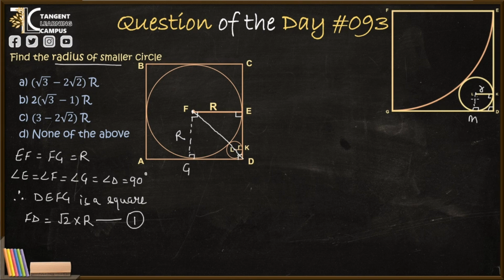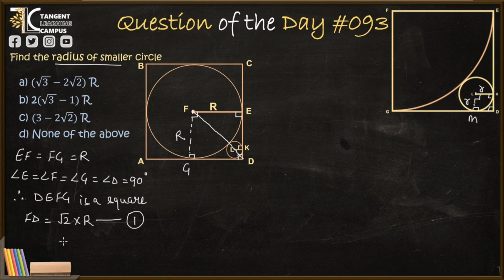So from here we can say that the last angle, that means angle L, will also be 90 degrees in a quadrilateral. So all the angles are 90 degrees here, and two adjacent sides are equal. So this DKLM also becomes a square.